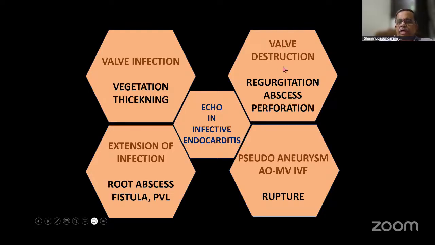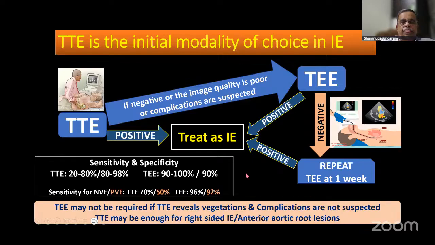In identifying destruction of the valve in the form of occurrence of regurgitation, presence of abscess, perforation of the valve, and extension of the infection to the adjoining structures: the root abscess, fistula, paravalvular leak in prosthetic valves, and pseudoaneurysm, which can involve any structure, but commonly the aortomitral curtain, which can rupture into the pericardium or into the intracardiac structures. This is how we should move on.